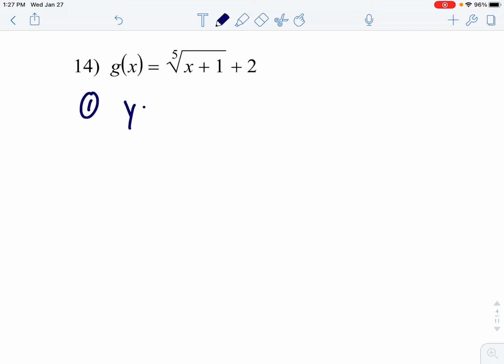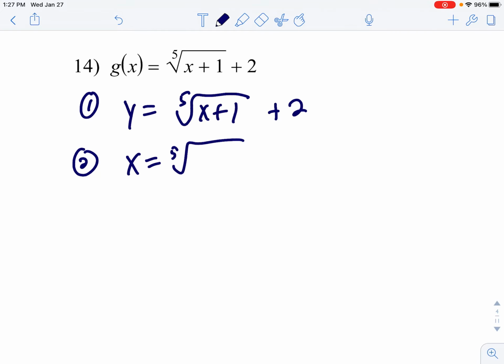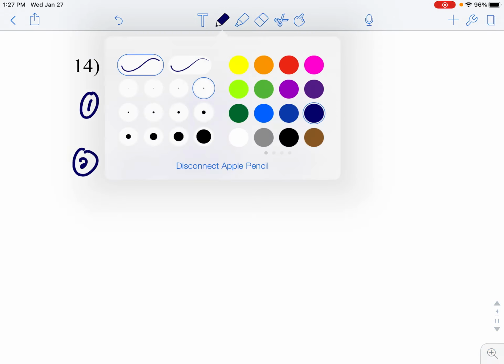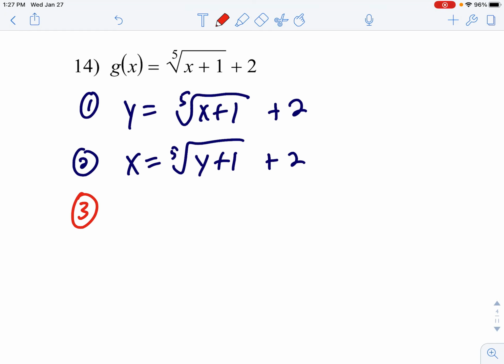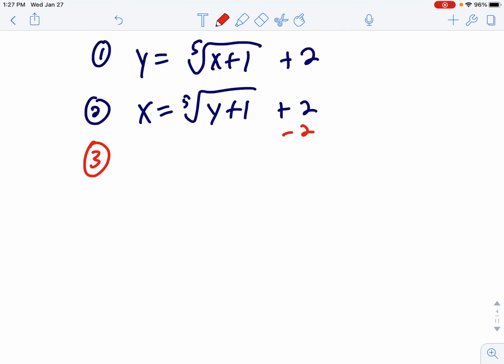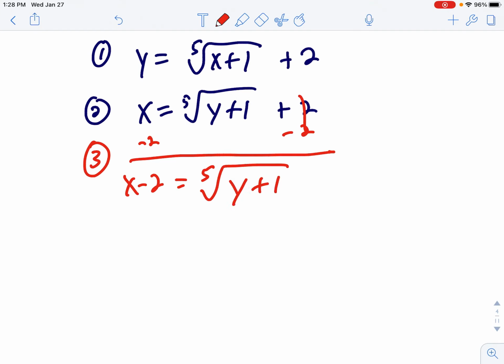Step 1, y equals the 5th root of x plus 1 plus 2. Step 2, x equals the 5th root of y plus 1 plus 2. Step 3, isolate y. So I'm going to subtract 2 on both sides. X minus 2 equals the 5th root of y plus 1.